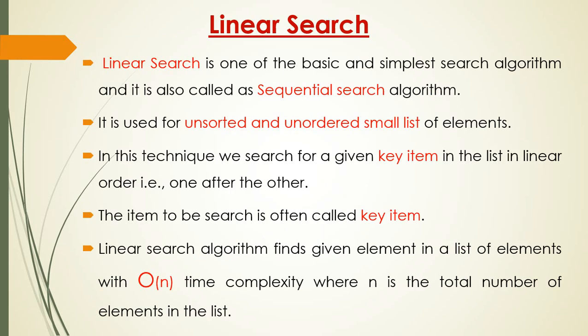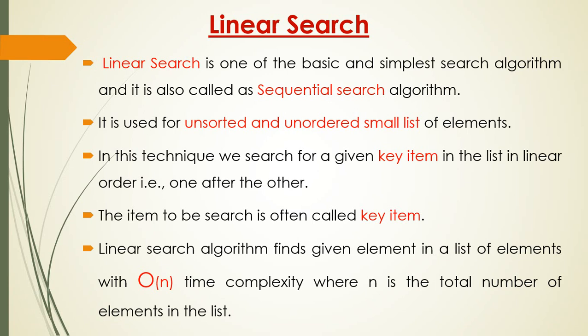The linear search, as the name itself says, is one of the basic and simplest traditional search algorithms, and it is also called the sequential search algorithm. Linear search or sequential search, both are the same of course. It is used for an unsorted and unordered small list of elements.